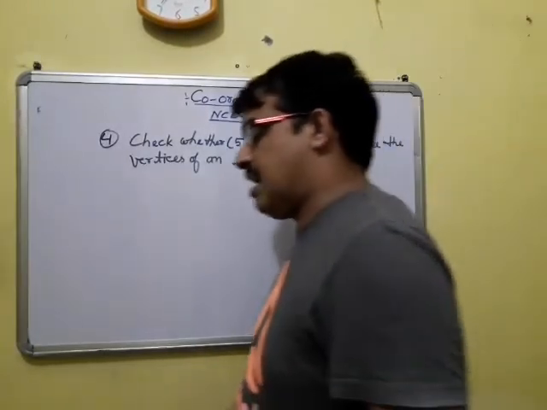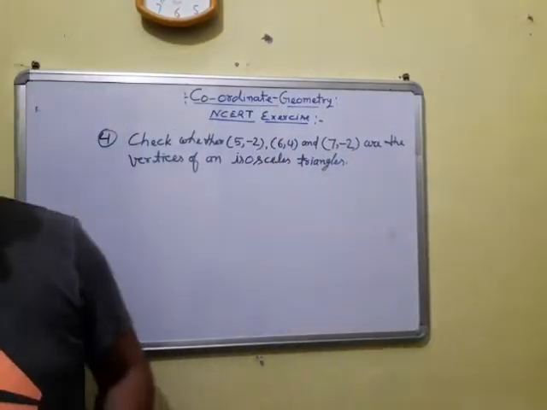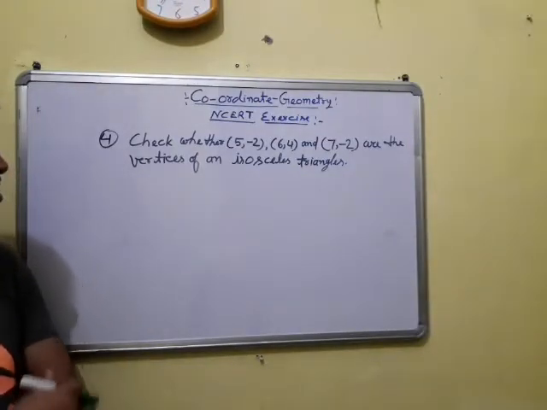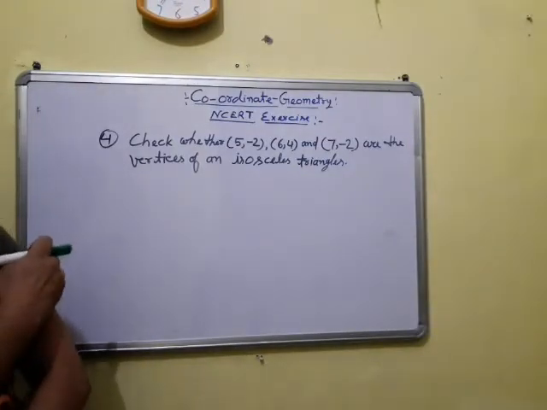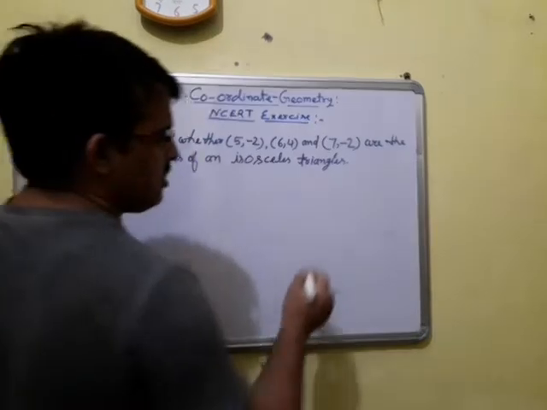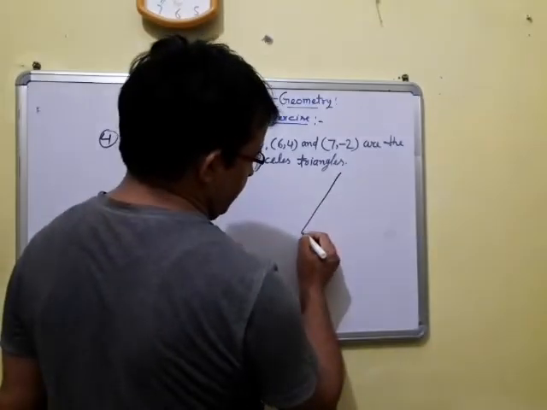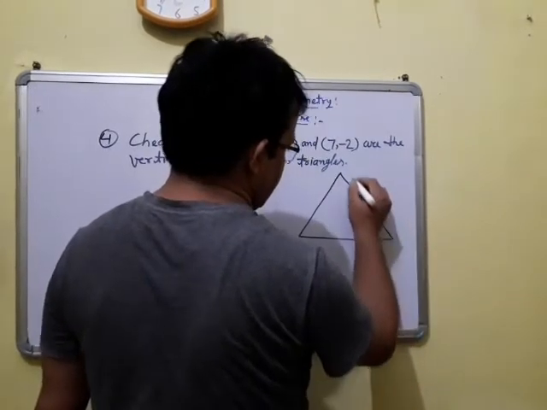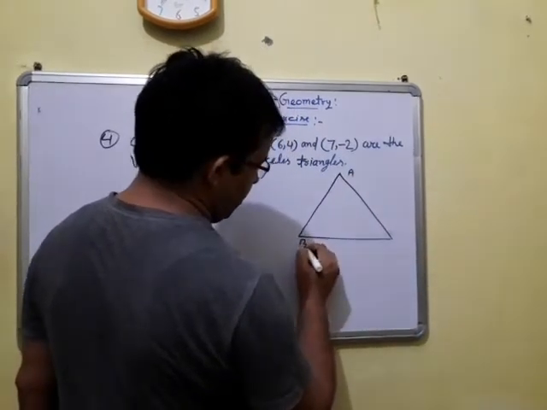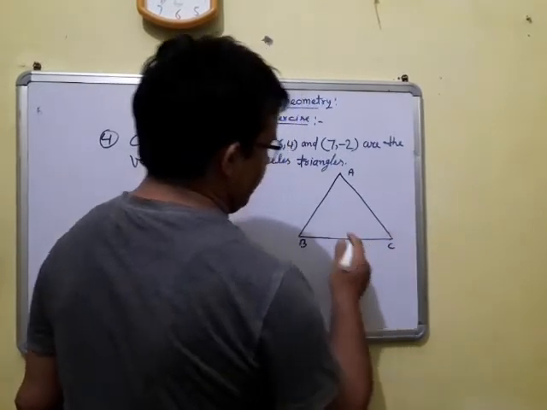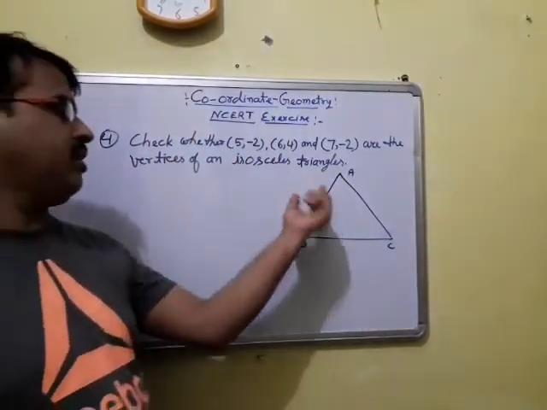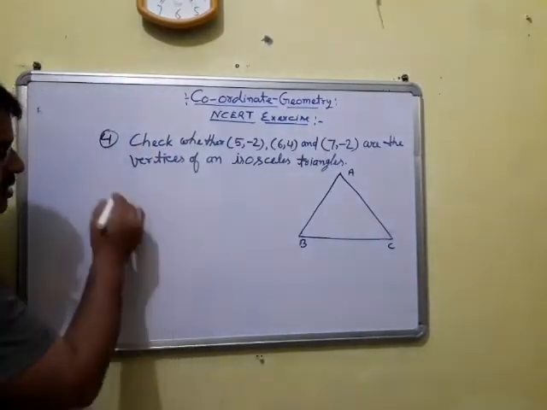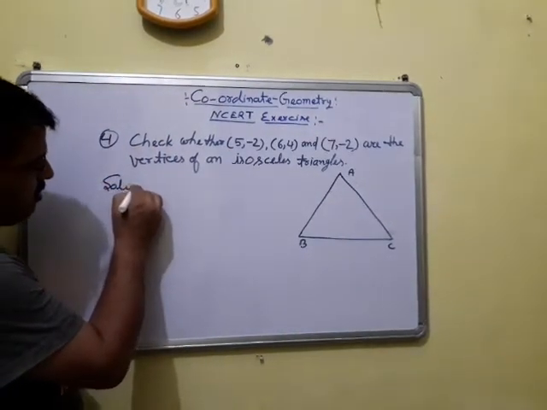We know that in an isosceles triangle two sides are equal. Now let the isosceles triangle be ABC, and we find the distance between AB, BC and CA. Clear? Now first we find the distance, solution here.